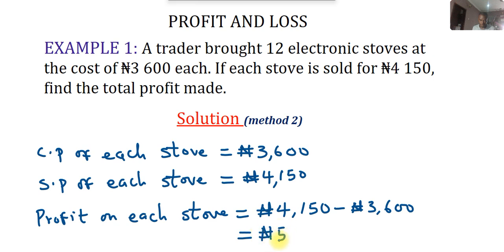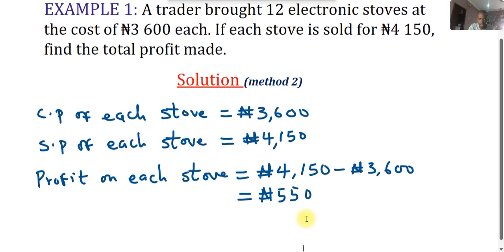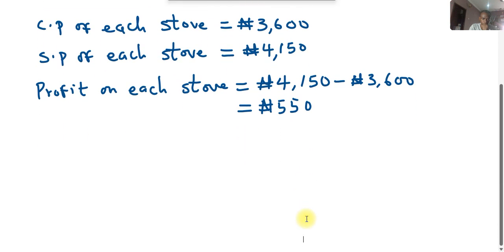So if the profit made on one stove is 550 naira, what is the profit made on 12 stoves? Here we go.